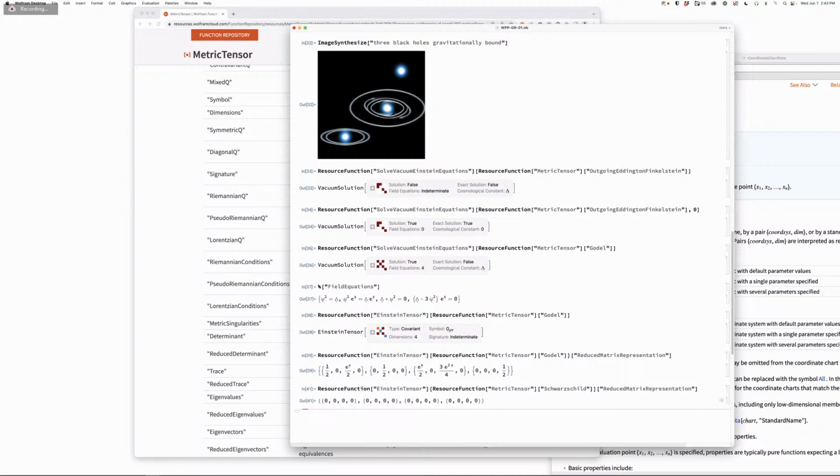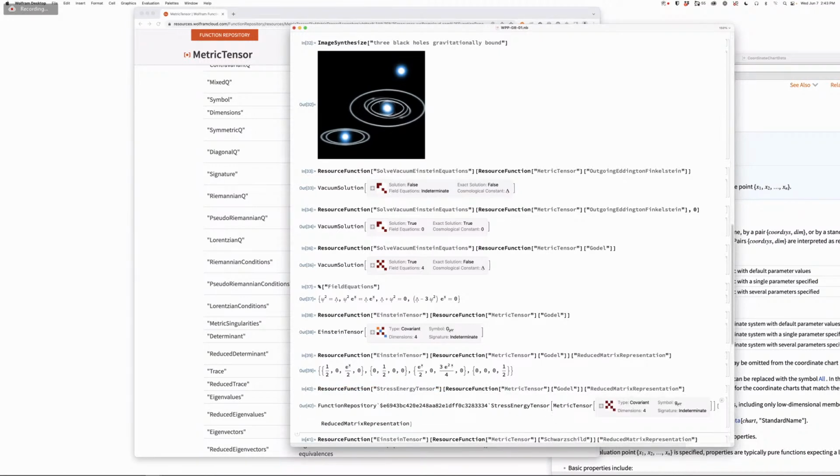Lovely. Okay, so what about something with a big cosmological term? Actually, the Gödel metric is really a dust metric, naturally. So if you say resource function stress energy tensor, we have a small library of inbuilt stress energy tensors.